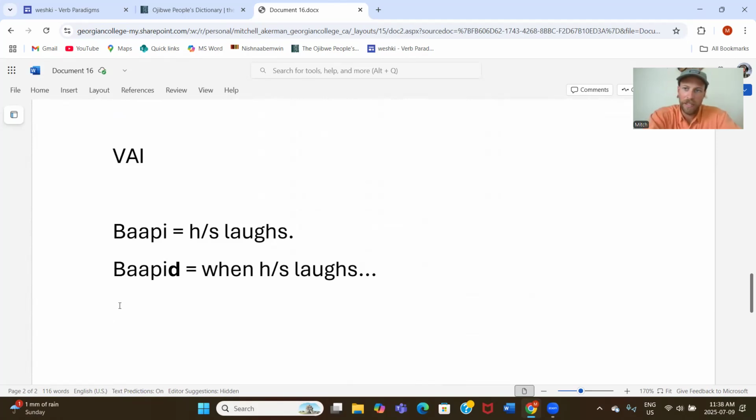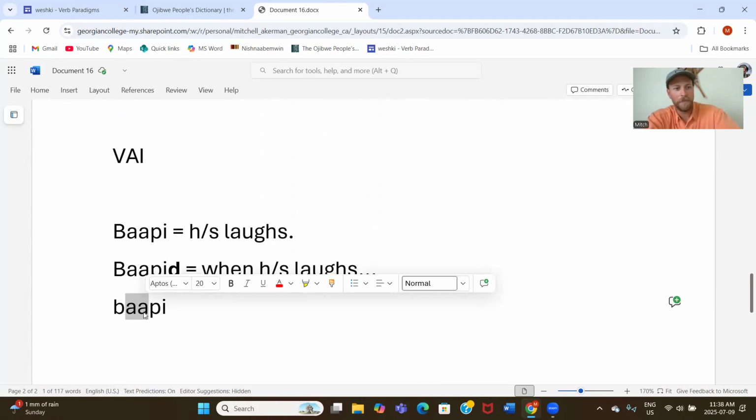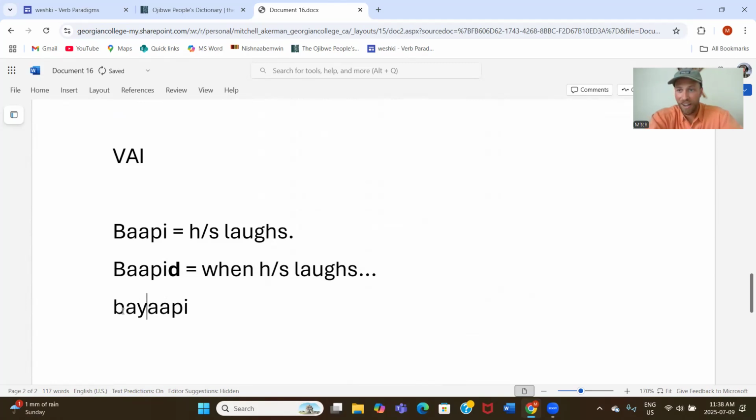But now let's take it all the way to C form. If I'm looking at bopid, we need initial change at the front and then conjunct ending at the end. The first vowel is this double A, and ah becomes ayah. That's the initial change. At the end, we're still putting our D because it's still that same actor, third person singular, him or her.